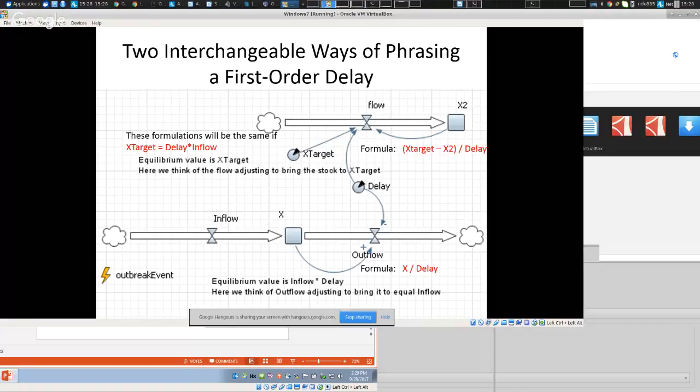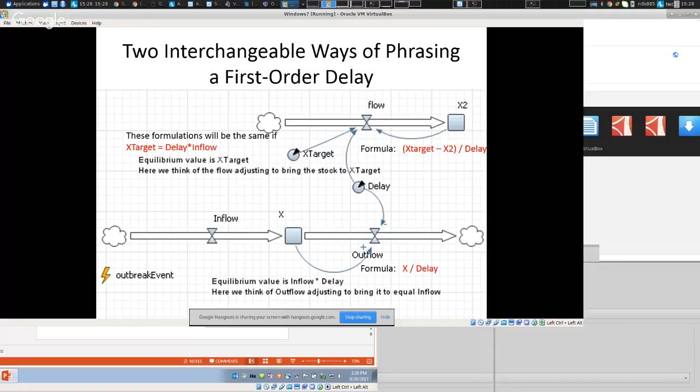Suppose X target is much smaller than X2. What will happen? X target minus X2 will be a really large magnitude negative number, like minus 1,000. Divided by the delay will be some large magnitude negative number, and that will lead to the stock being drained really quickly.